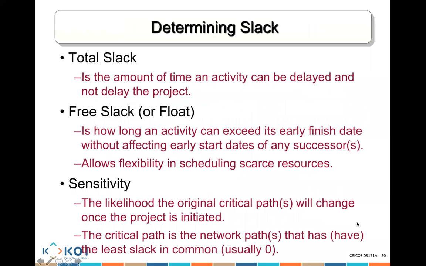Now we're going to make the calculations. There's also what we call total slack, which is the amount of time an activity can be delayed and not delay my project. And then the last one is free slack. It's how long an activity can exceed its early finish date without affecting the early start date of any successor.